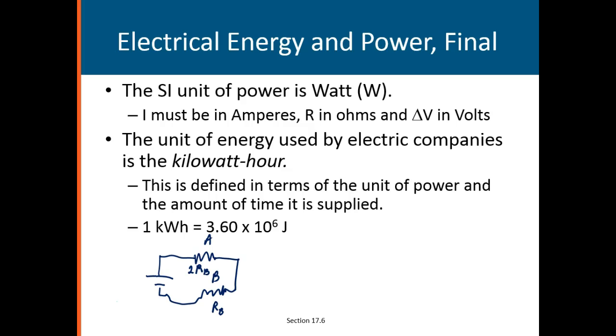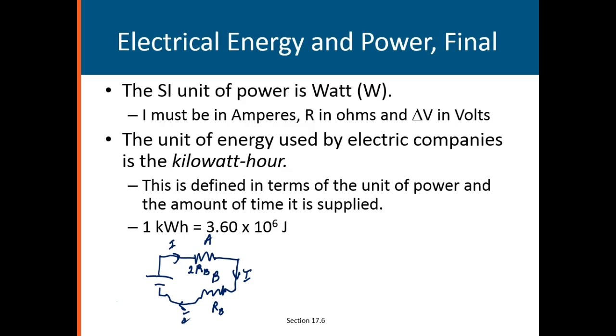Number one, in a series circuit, the current is always the same, right? So this I that's going through here is going through everywhere. So the current here is I. Same here, I. Same here, I. Same current everywhere in the circuit because it's a series circuit. Okay?